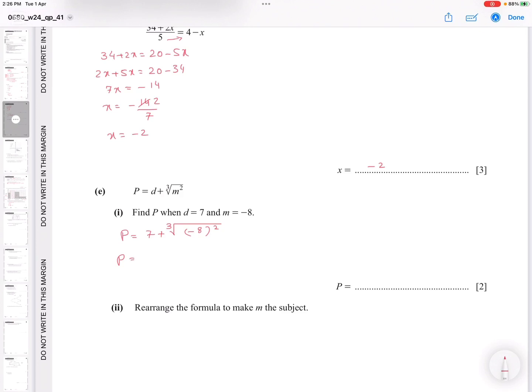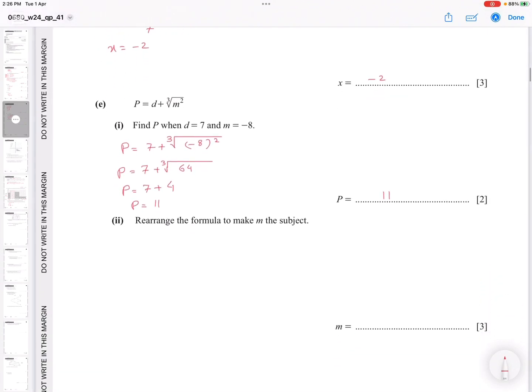So p equals 7 plus cube root of 64. Square of negative is positive, and p equals 7 plus cube root of 64 is 4, and your p would be equal to 11.